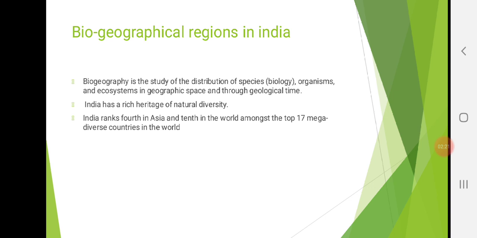With only 2.4% of the total land area of the world, India contributes 8% to the global biological diversity. In terms of biogeography, India has been divided into 10 biogeographic zones as shown.